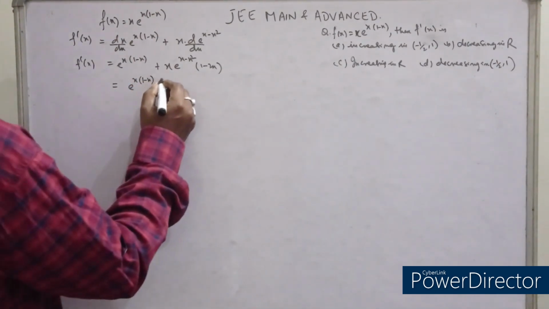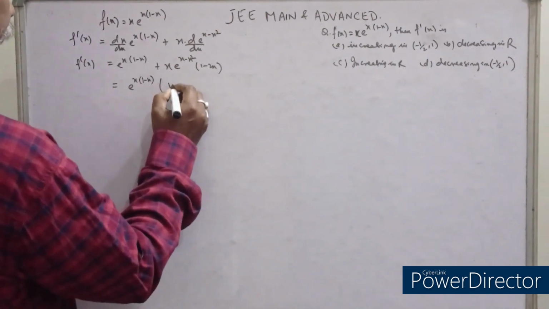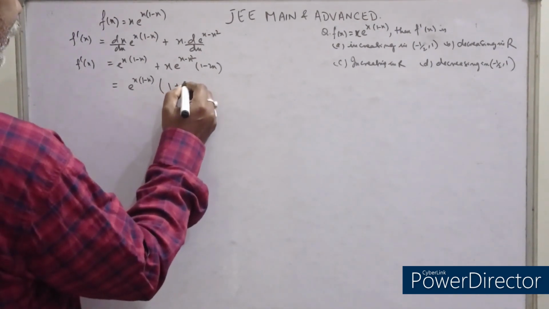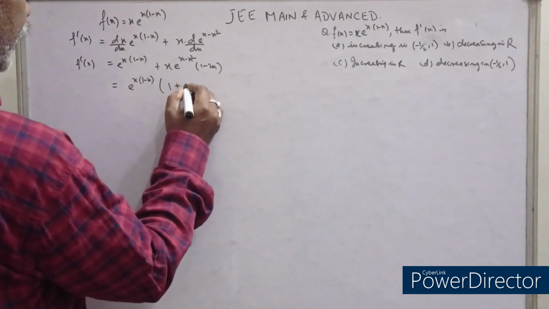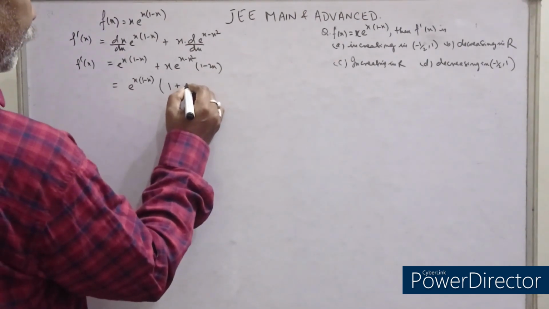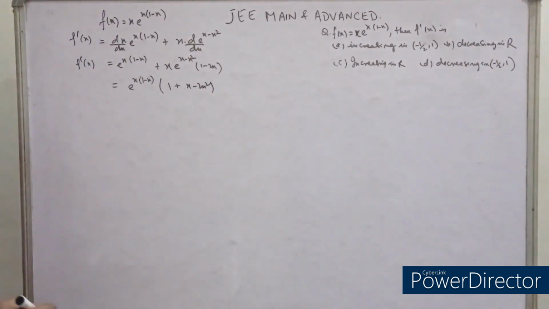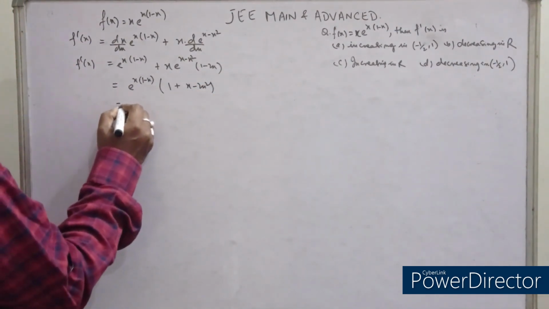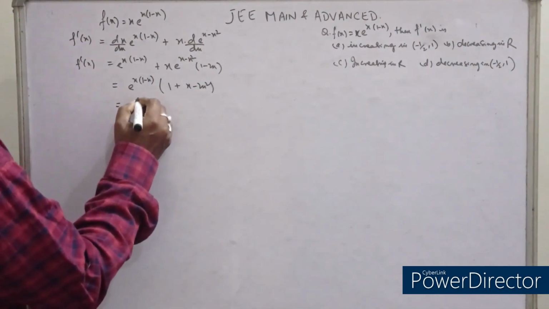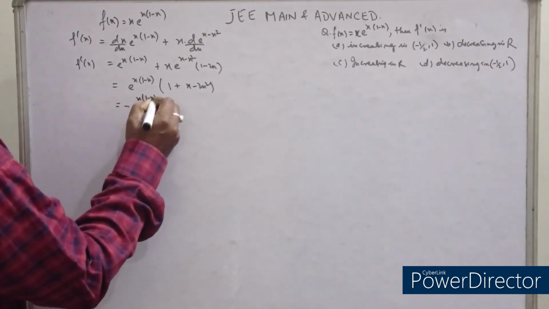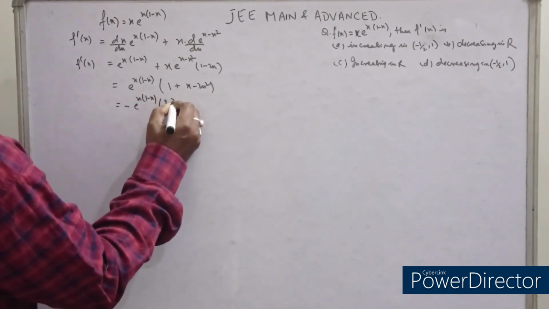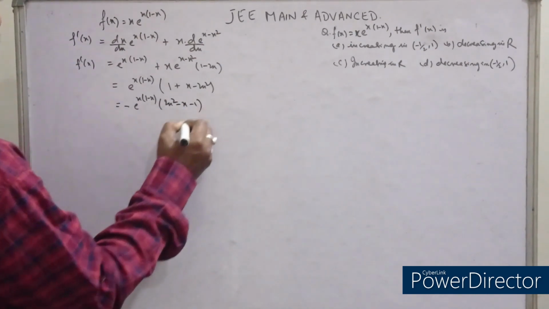So we get here 1 plus x minus 2x square. Now I am going to take minus common here. So e to the power of x, 1 minus x, this will be 2x square minus x minus 1.